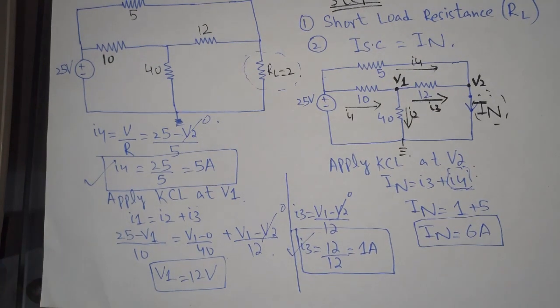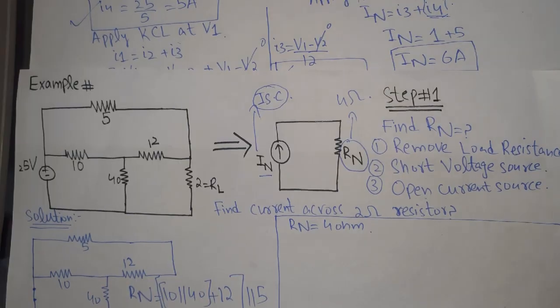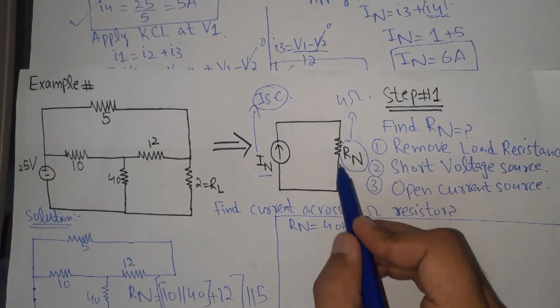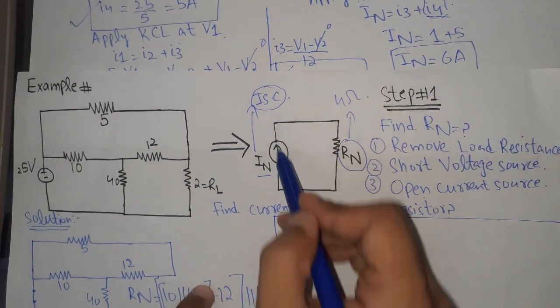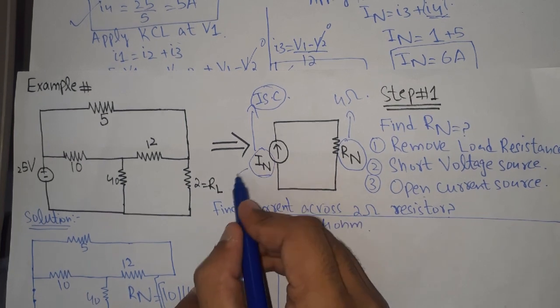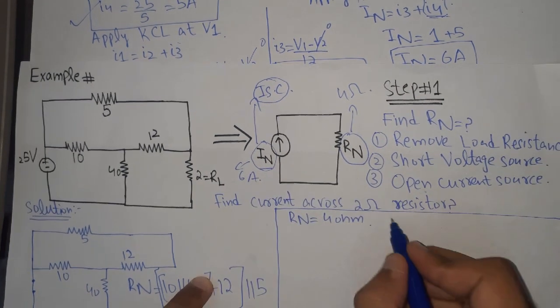Now students, our second step is also done. Now put this IN value into the original circuit and find the load current. Here we have the value of Rn, which is 4 ohm, and we also found the value of IN, which is 6 ampere.